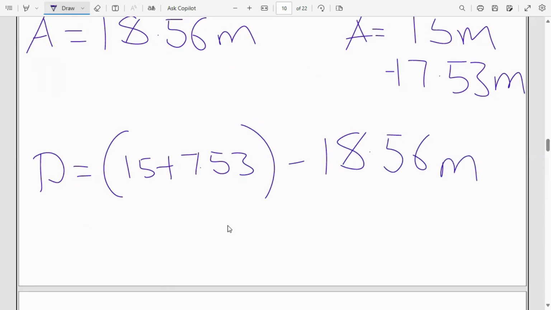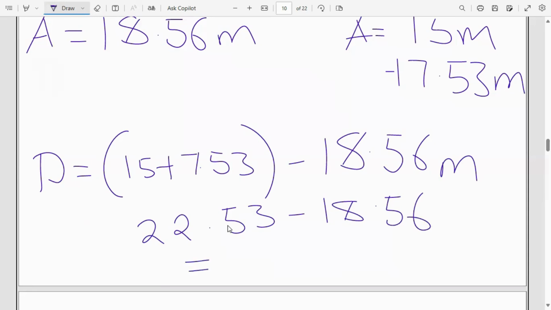From there, I'm getting 22.53 minus 18.56, which gives a distance equal to 3.97 meters.